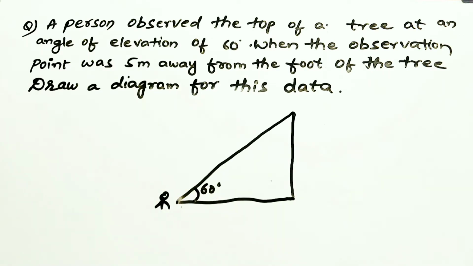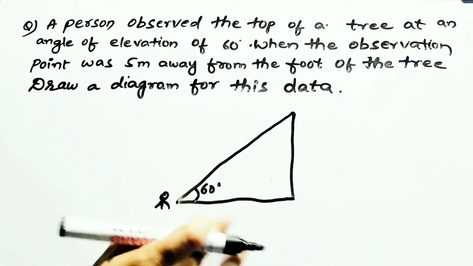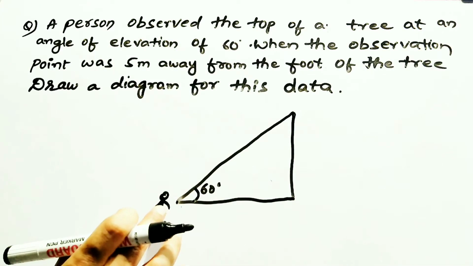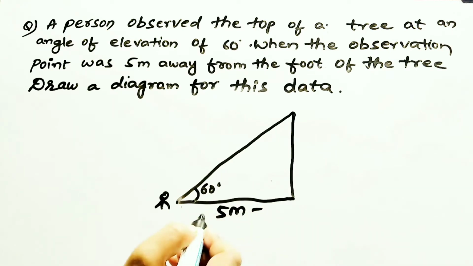And the observer point is 5 meters away from the foot of the tree, meaning the distance between the observer and the tree is 5 meters.